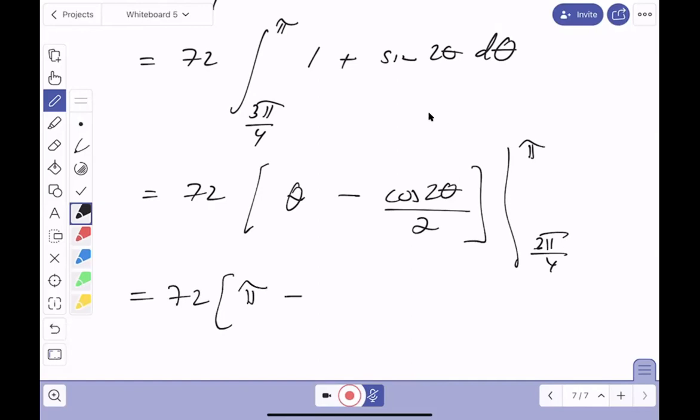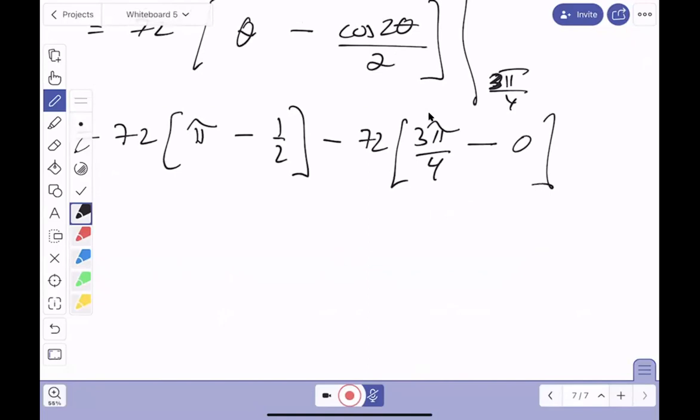The cosine of 2 pi is 1. That'll be 1/2, minus 72 times 3 pi over 4. Minus, let's take a look at this. I'll be careful about it. 3 pi over 4. This is 3 pi, times 2 would be 3 pi over 2. Well, that's just 0. That's easy.